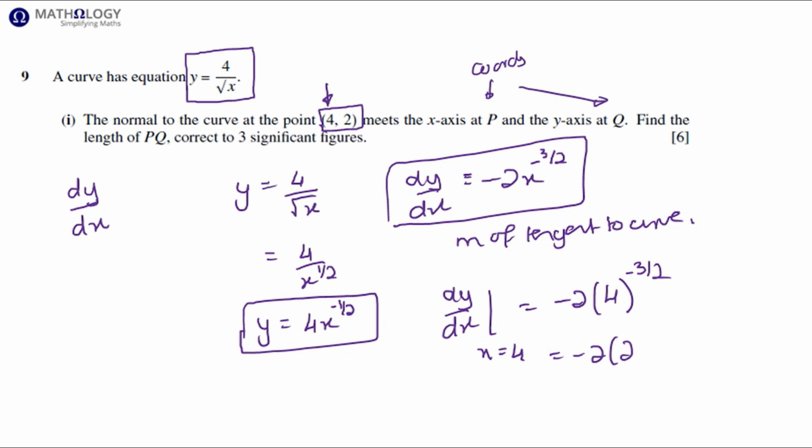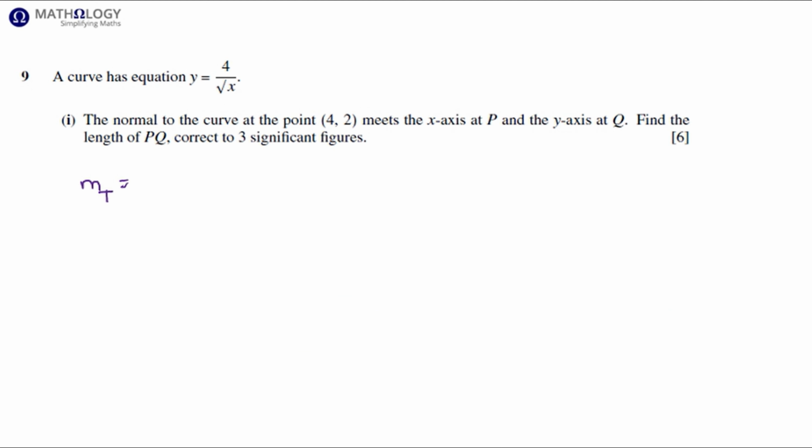So it's minus 2 times 2 squared to the minus 3 over 2. That's minus 2 times 2 to the minus 3, which is an eighth. And minus 2 times an eighth is minus a quarter. So this now represents the gradient of the tangent to the curve y equals 4 over root x at the point of contact (4, 2).